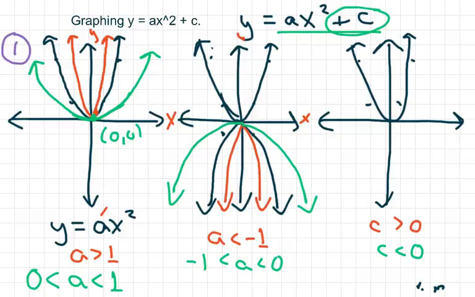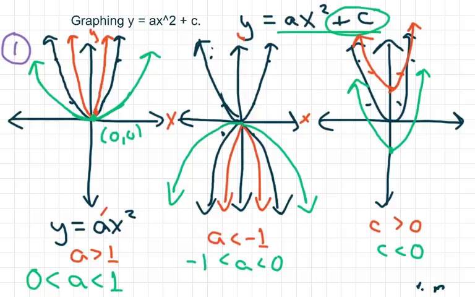So if C is bigger than 1, let's say it's 2, the whole thing just gets shifted up. And if it's less than 0, say -2, it gets shifted down. So you're just taking the graph and shifting it down. So those are the key concepts we're talking about.